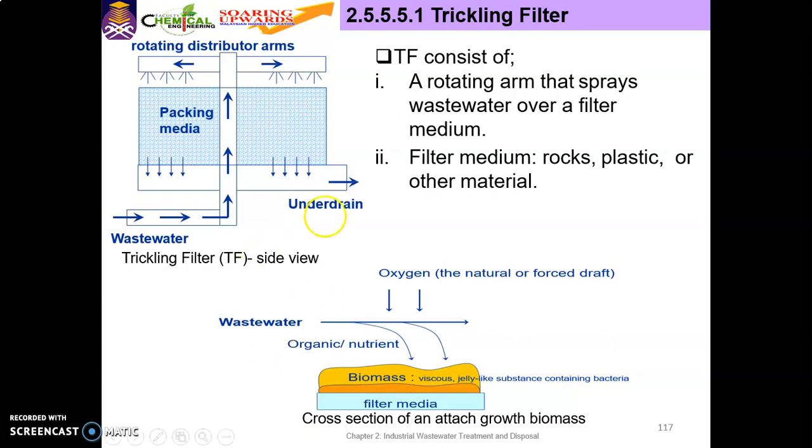The media is in the middle here. In the trickling filter, the wastewater comes from the bottom, goes up, and sprays through rotating distributor arms. When it sprays, it enters the packing media, so at the media the biomass peel off happens.